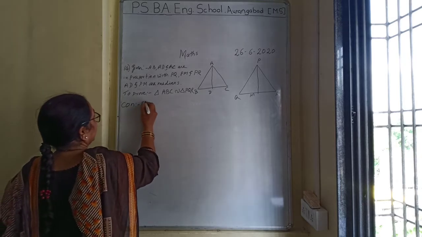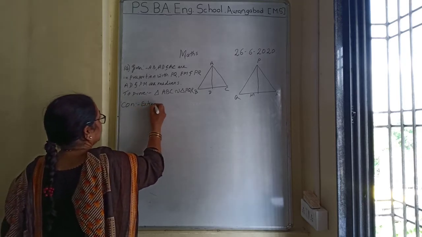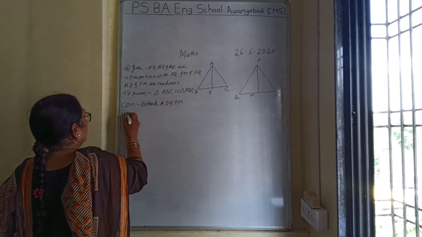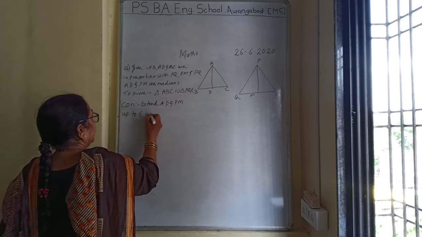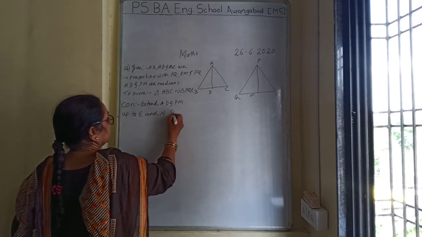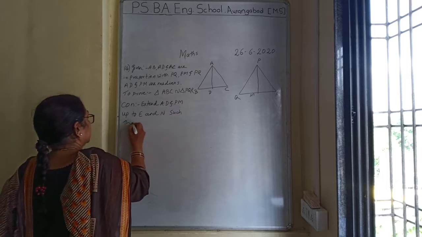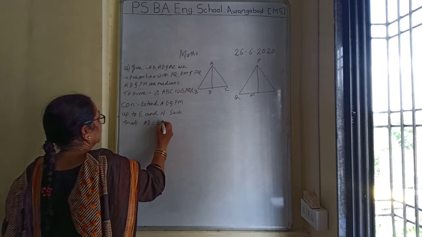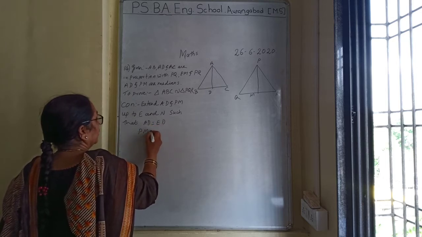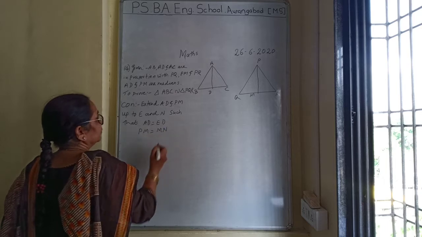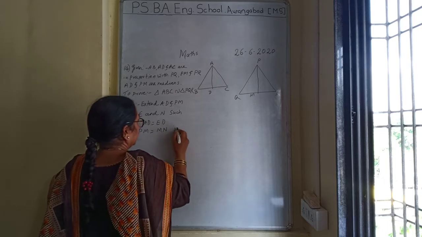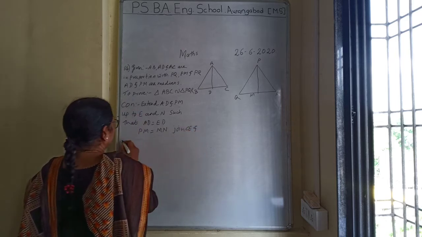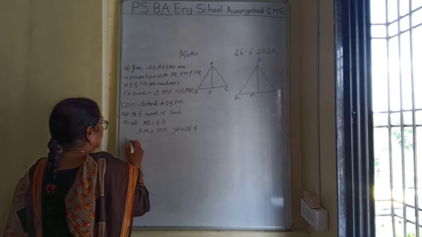Construction: extend AD and PM up to E and N such that AD is equal to ED and PM equal to MN. Then join CE and RN.